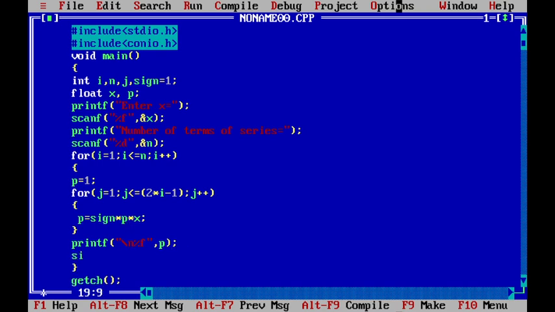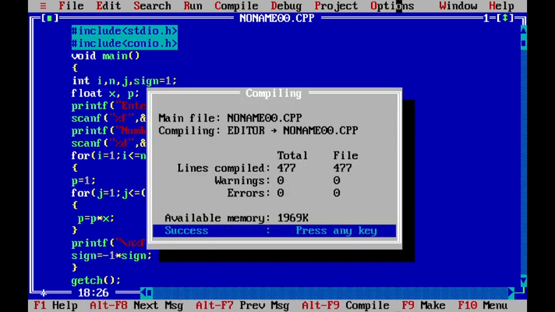Sign is equal to minus 1 times sign. So the first time it is positive, next time it is negative. So we want to multiply sign into p.